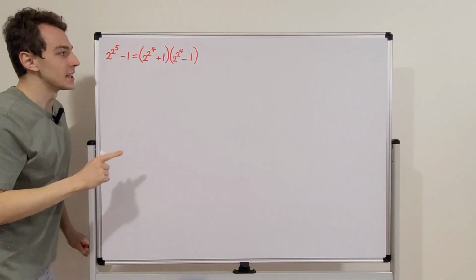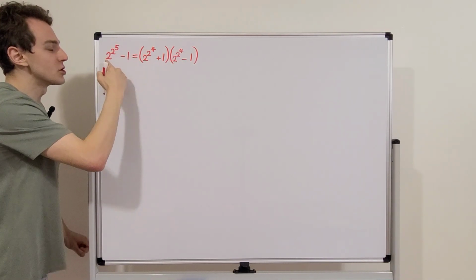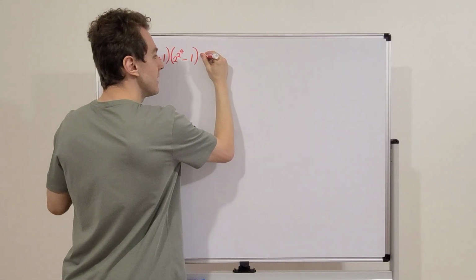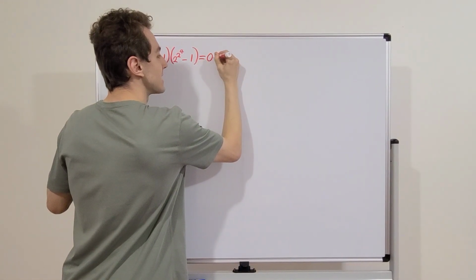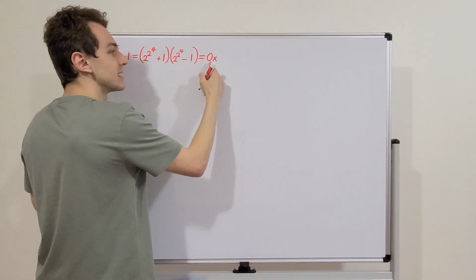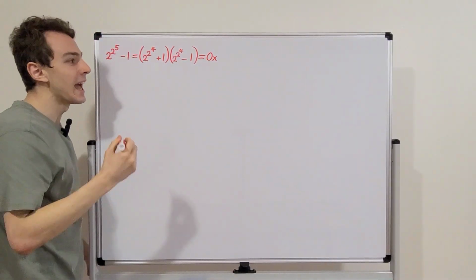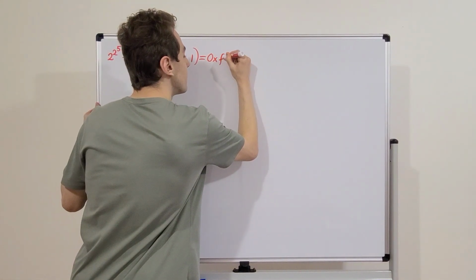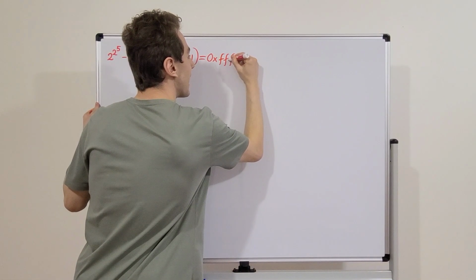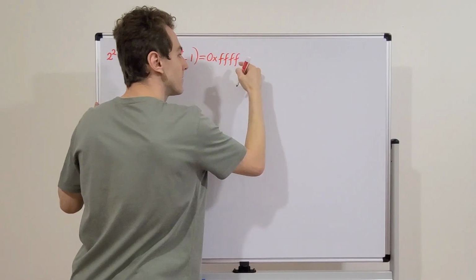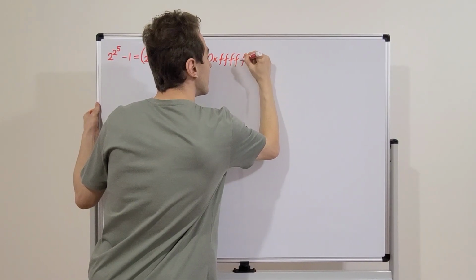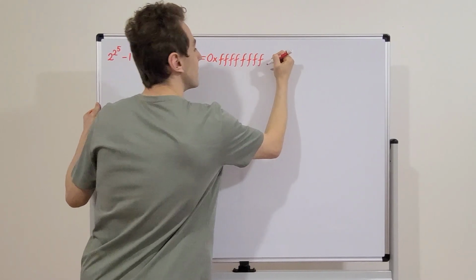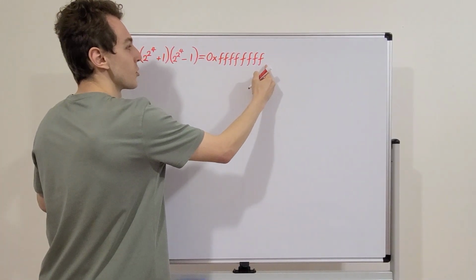But before we do that, let's represent the value 1 less than 2 to the power of 32 in hexadecimal. We're going to use the prefix 0x to indicate that we're dealing with a hexadecimal value. And we can write this as F, F, F, F, so that's 4 Fs, and then F, F, F, F. So that's 8 Fs in total.